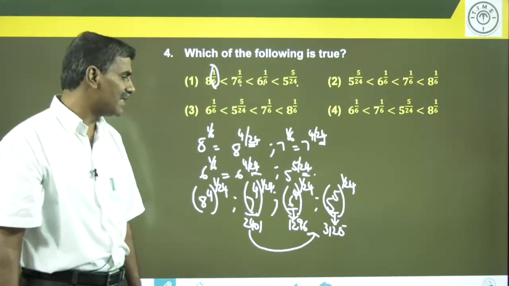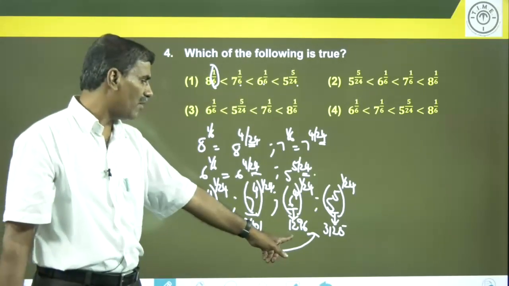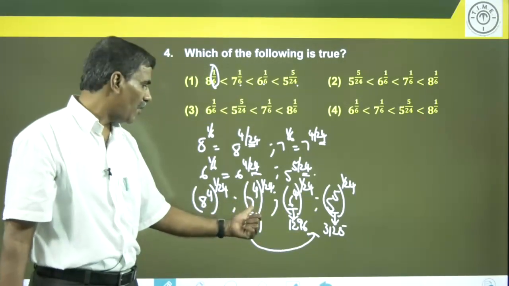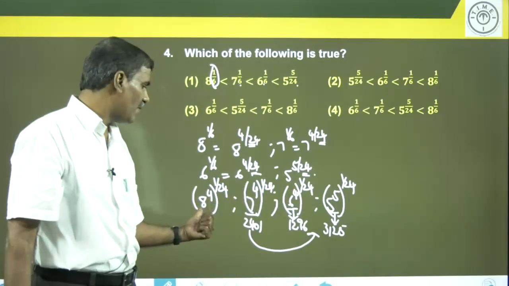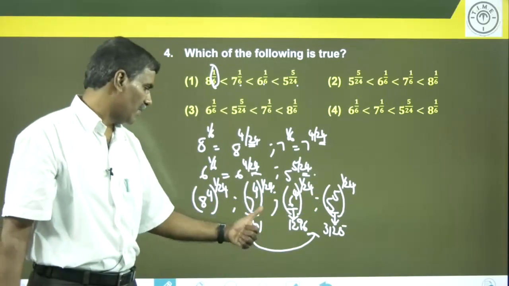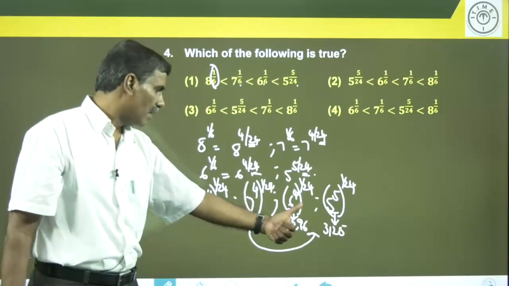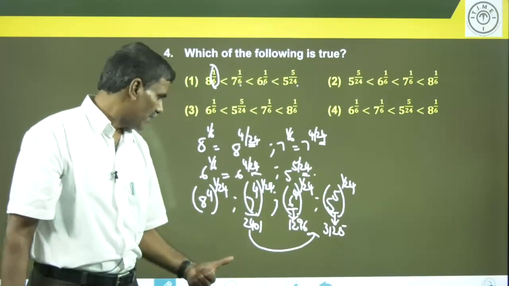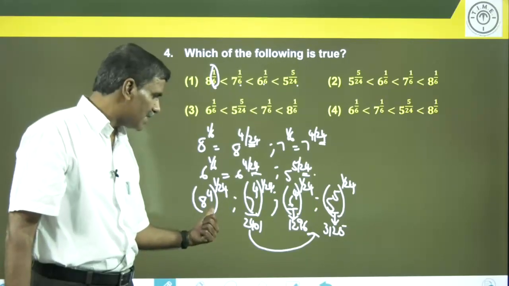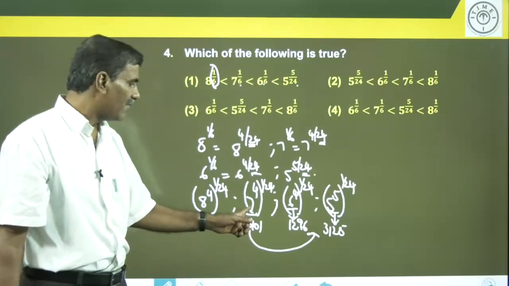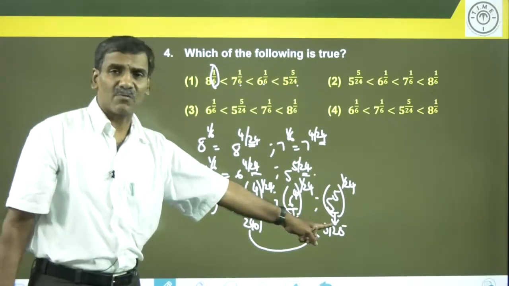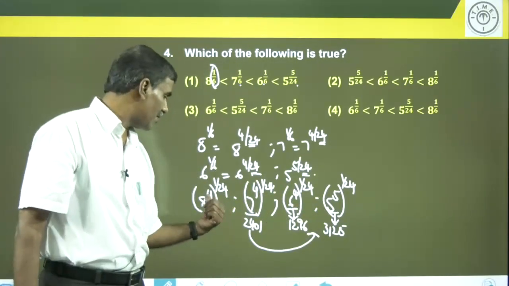So in that case, 6 power 4 is the least one, 7 power 4 is the next lowest, 5 power 5 is the next one, and anyway 8 power 4 will be greater than all the remaining. But for our understanding we will compare whether 8 power 4 is greater or 5 power 5 is greater, because already we have 7 power 4 smaller than this value. That is the reason we are going for comparison of this one also.